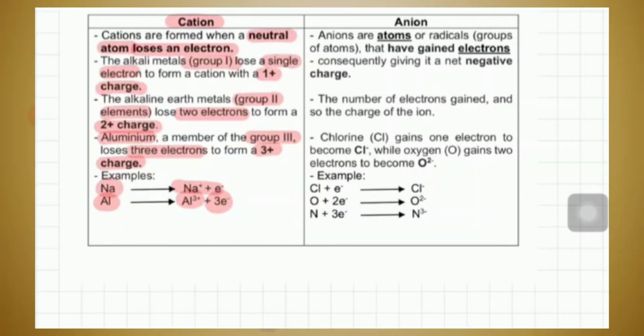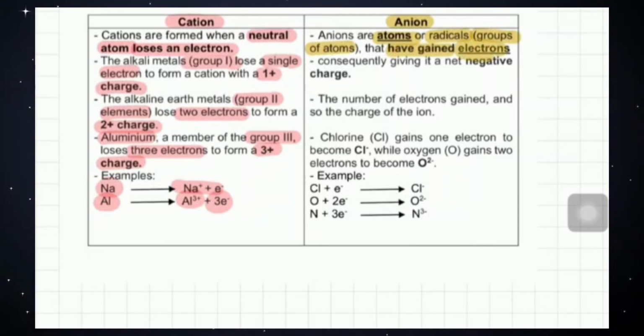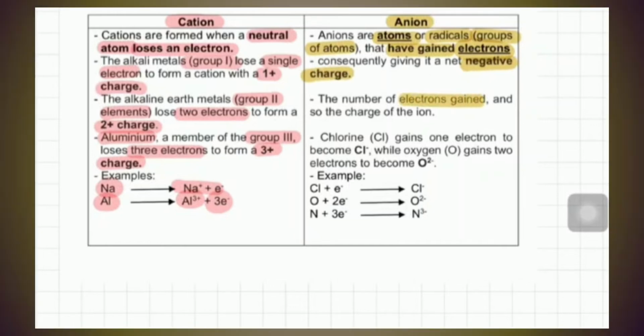Alright, let's see the anion. What is an anion? Anions are atoms or radicals, groups of atoms, that gain electrons, consequently giving them a negative charge. The number of electrons gained determines the charge of the ion.